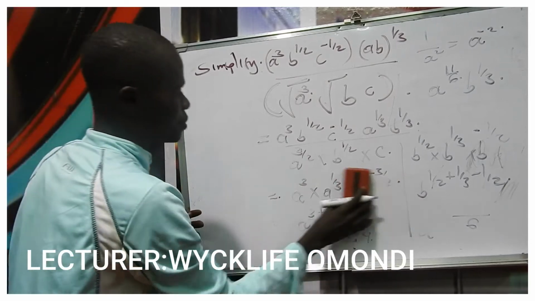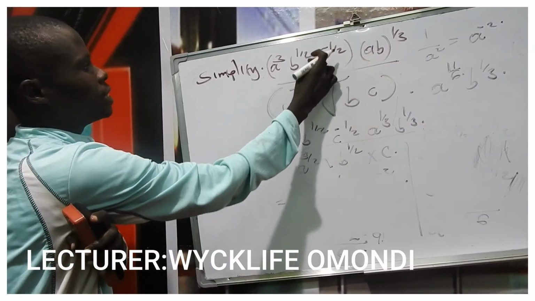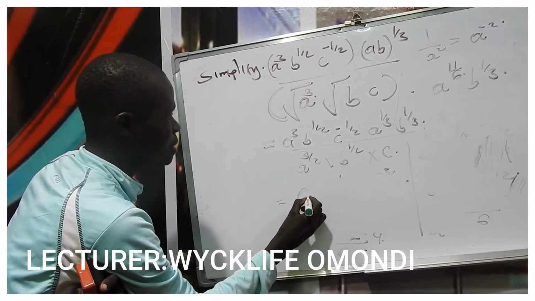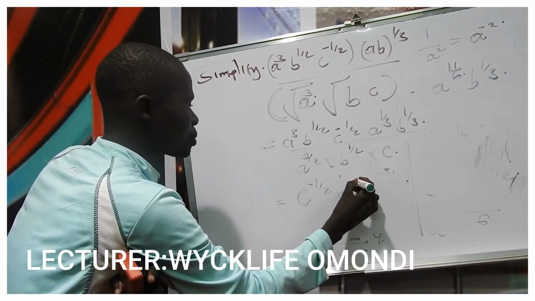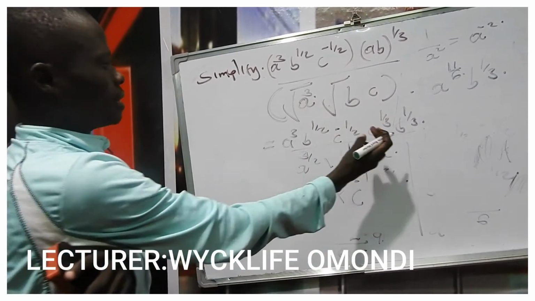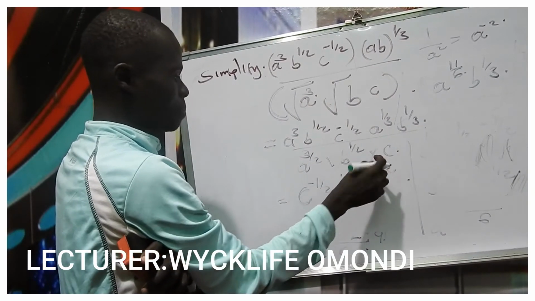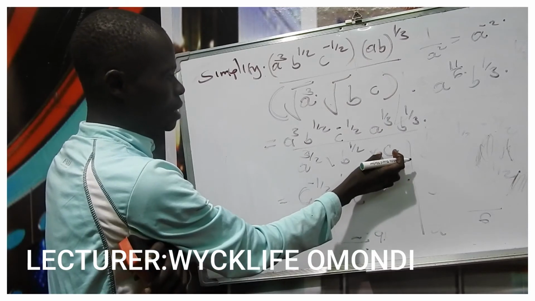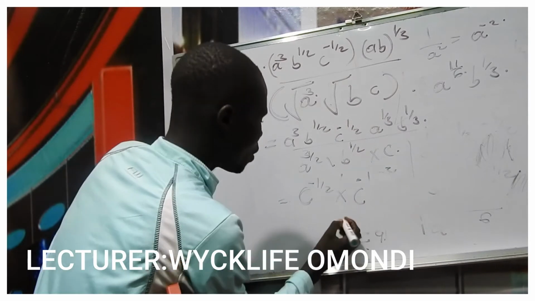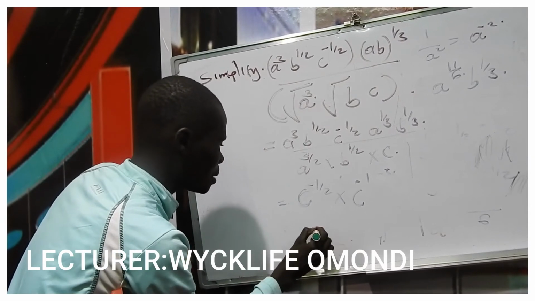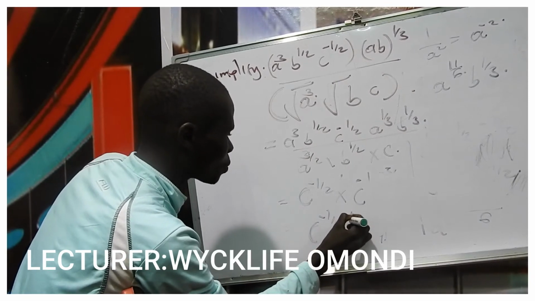We have c remaining. Now, for c, we are going to have c raised to negative half times c raised to negative 1. Any number raised to 1 is that number. That's why c raised to 1, when we take it up, will be c raised to negative 1, which is the reciprocal. Now we maintain c as the base and consider the power, which is negative half minus 1.